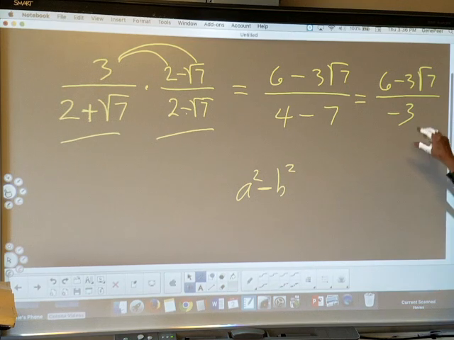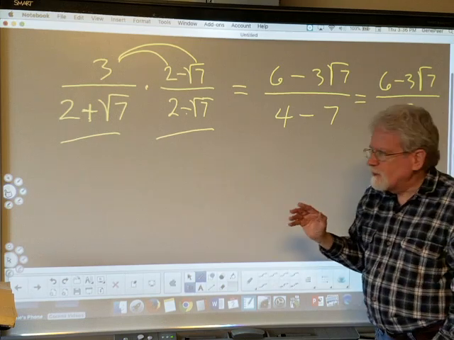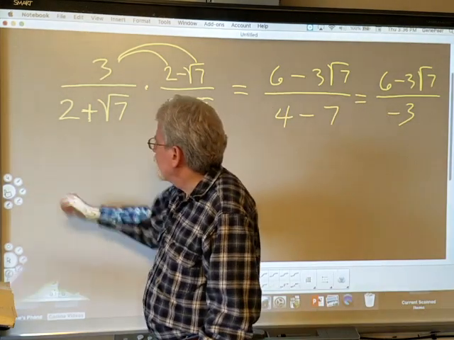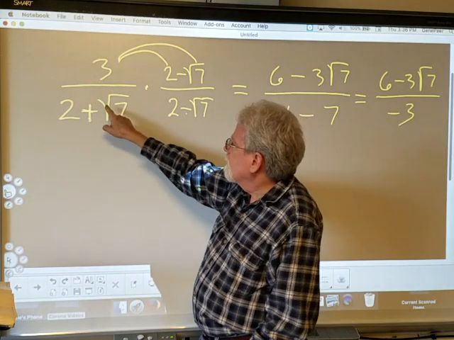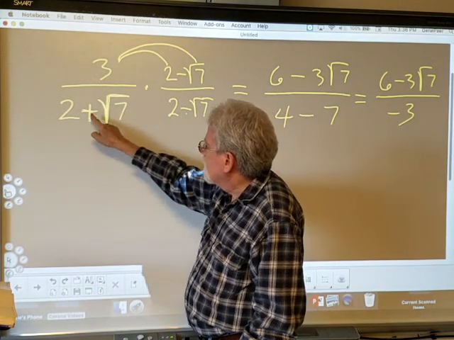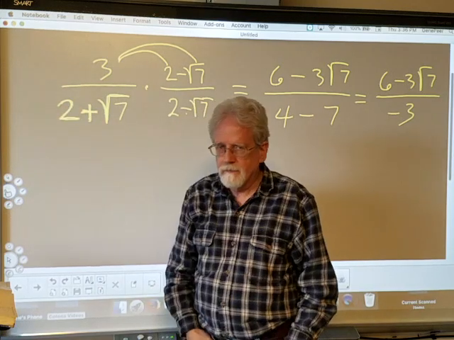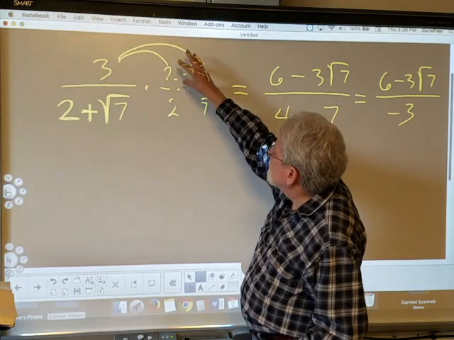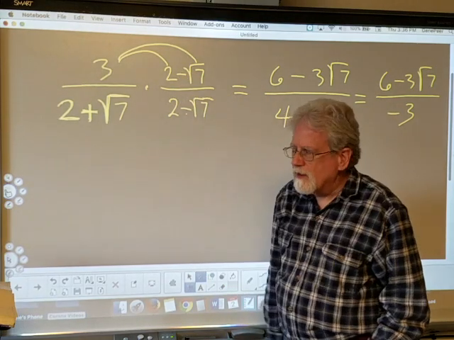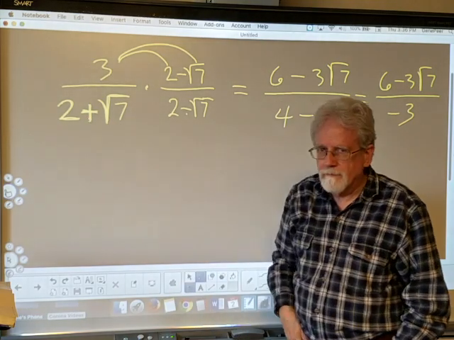I'll tell you, before I get to that one last detail, let's meditate on this for a moment. What is your strategy? In a case like this, if you're trying to get rid of a radical that's attached to something else with a plus or a minus, your strategy is multiply numerator and denominator by the conjugate of the denominator.